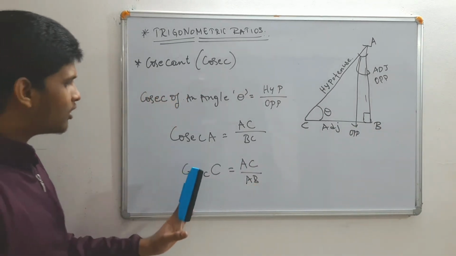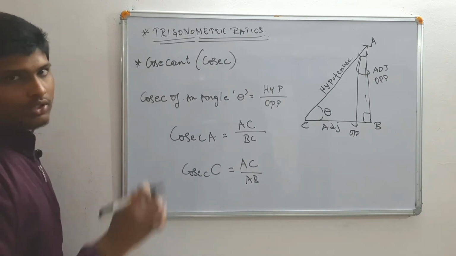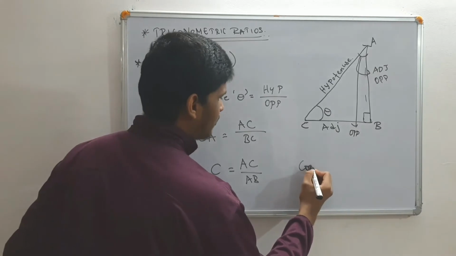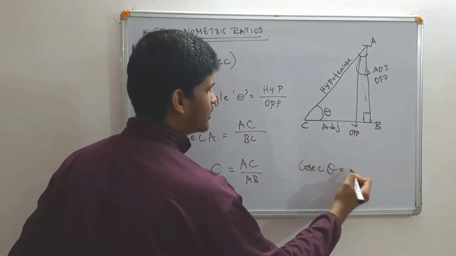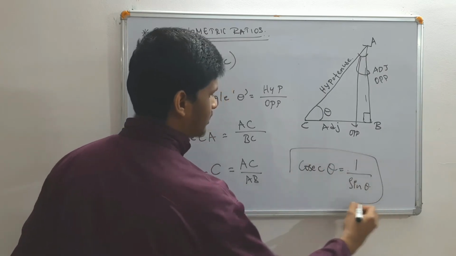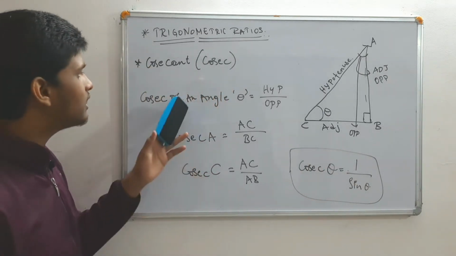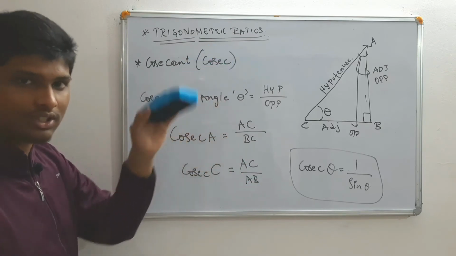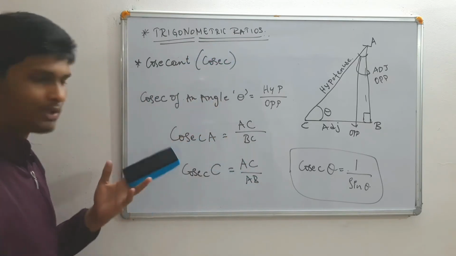So this is about cosecant, and as I said, cosecant is the reciprocal of sine. So cosecant theta is equal to 1 by sin theta. Sine is opposite side by hypotenuse, and cosecant is hypotenuse divided by opposite side. So this is about cosecant.